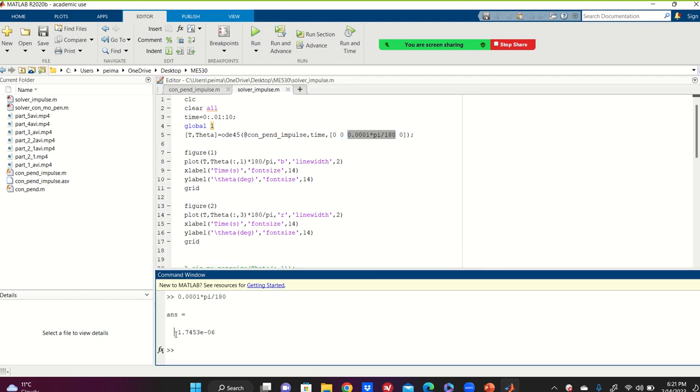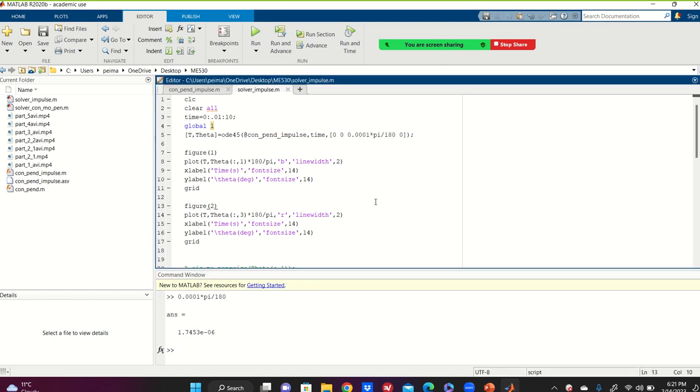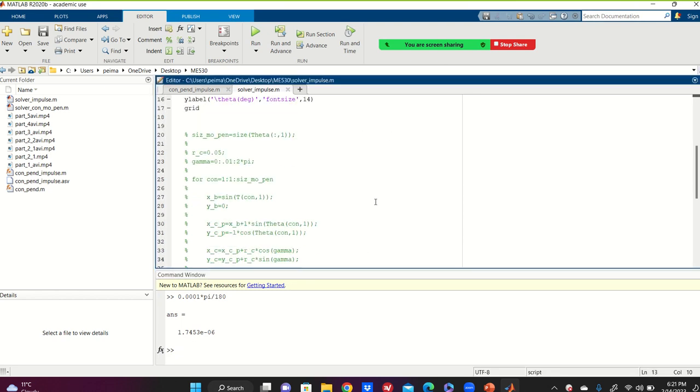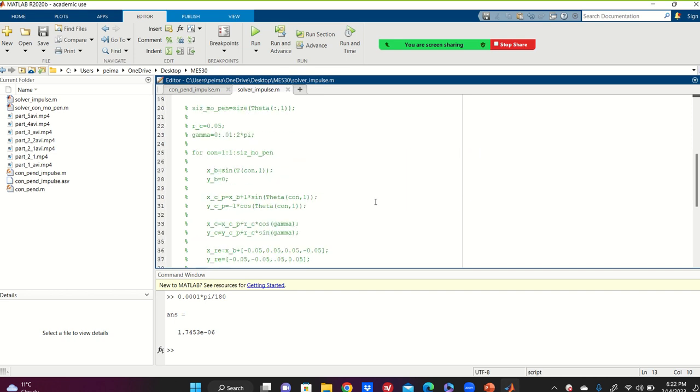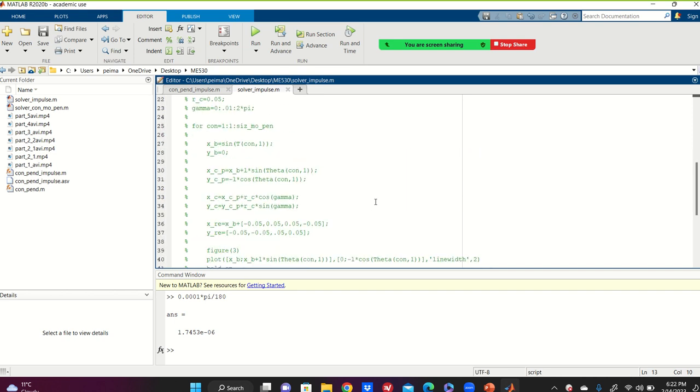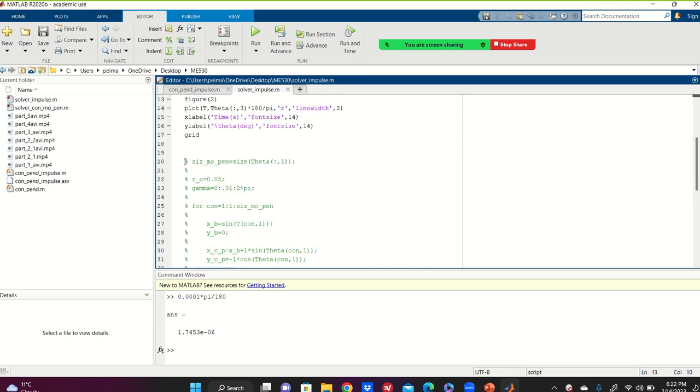See, the angle is starting at 0 to the power of minus 6. Because of some numerical issues, I have to put almost 0 here. See what I'm saying? Yes? Yeah. Now I can make the simulations.